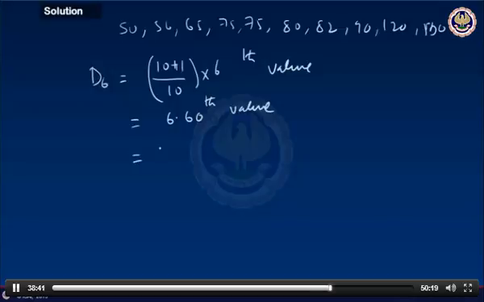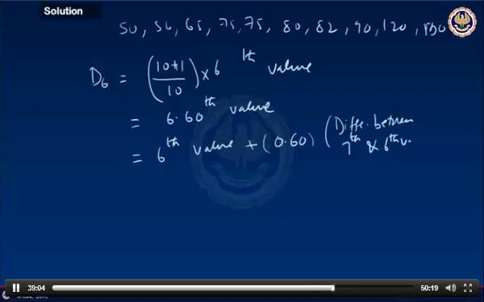That means the 6th value plus 0.6 into the difference between the 7th and 6th value. In the data, the 6th value, counting 1, 2, 3, 4, 5, 6, is 80, plus 0.6 of the difference between the 7th and 6th value.